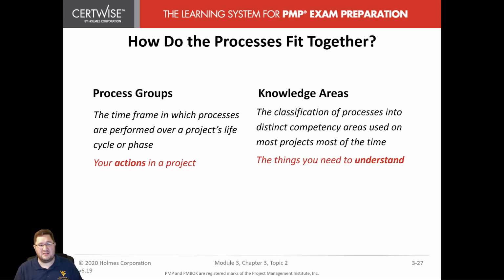So how do these processes fit together? The processes are actions. That's why they're at the top. You're initiating, you're planning, you're executing, monitoring and controlling, and closing. So that's all at the top. And then our knowledge areas are the knowledge you'll need. These are things you need to understand. So we can classify our processes into competency areas.